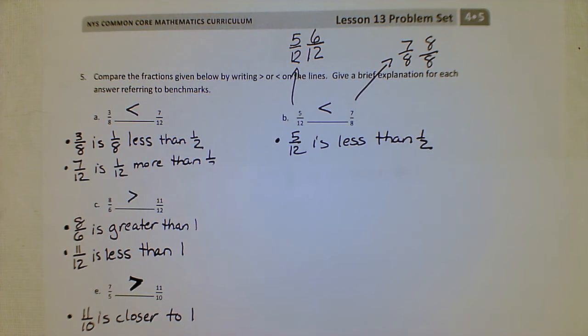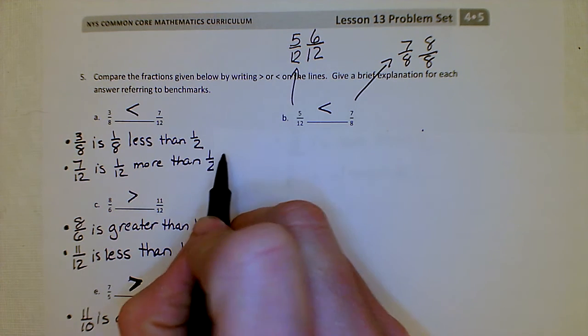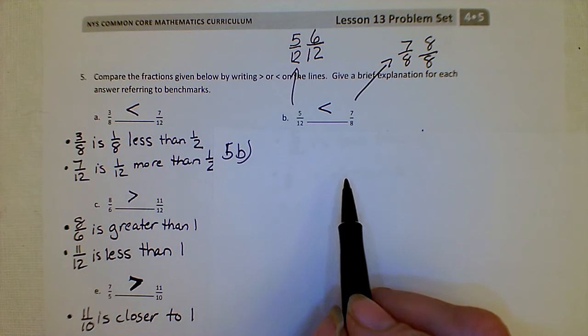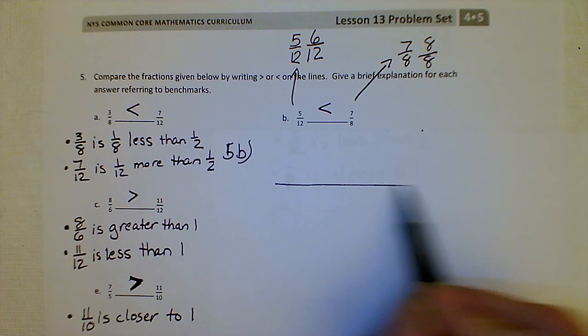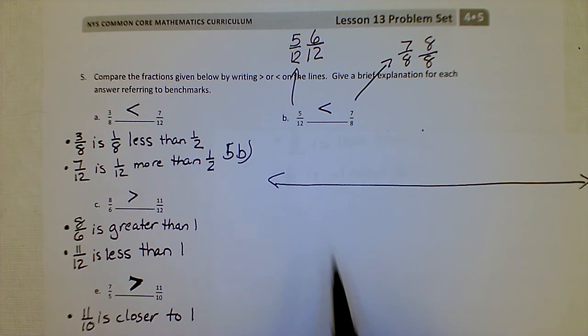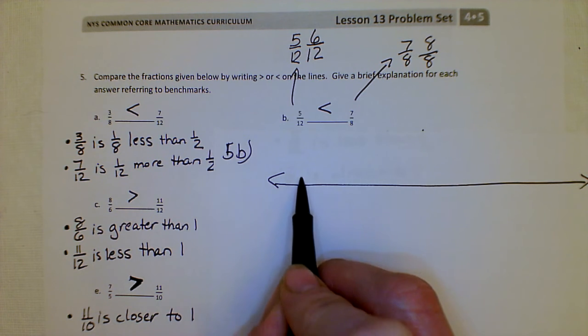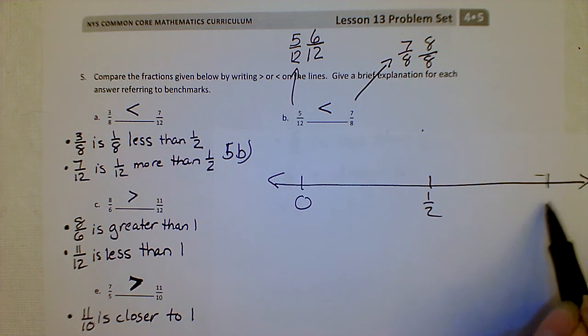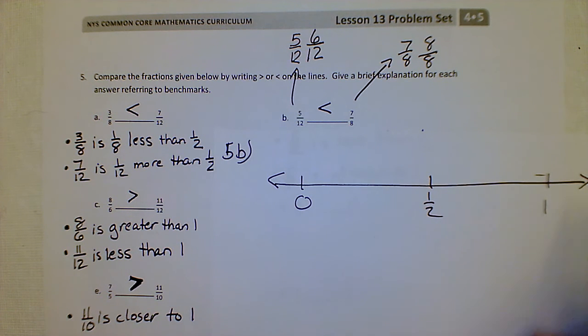Okay, so really quick, let's put these on, and this is 5B, and if I were to quick sketch this on a number line with my benchmarks, I'd have 0, 1/2, and 1, and that's not a negative, that's just a stray mark, sorry.